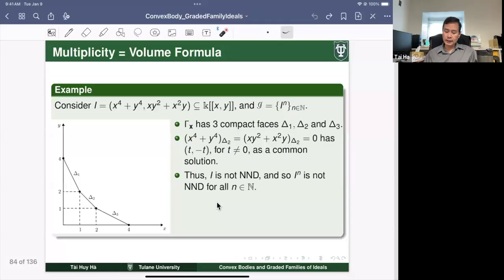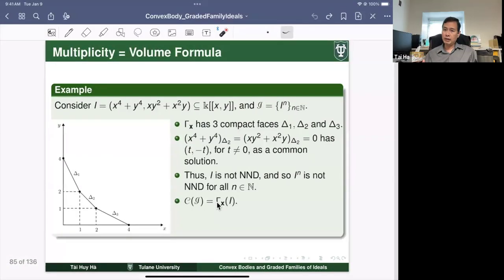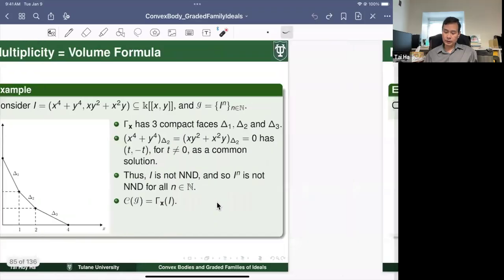So in this case, the ideal is not NND, and we would understand that if the ideal is not NND, then none of its powers is going to be NND. So it doesn't satisfy the condition of our theorem. In other words, we should not expect the multiplicity equal to volume formula to hold for this example.